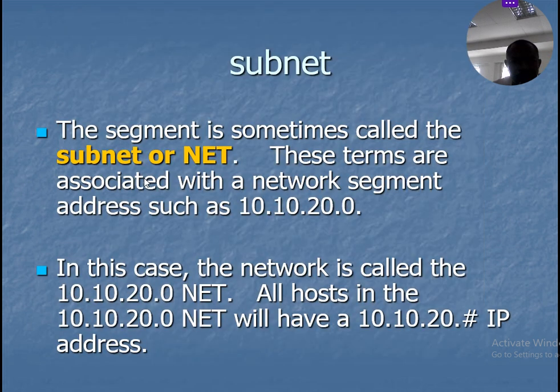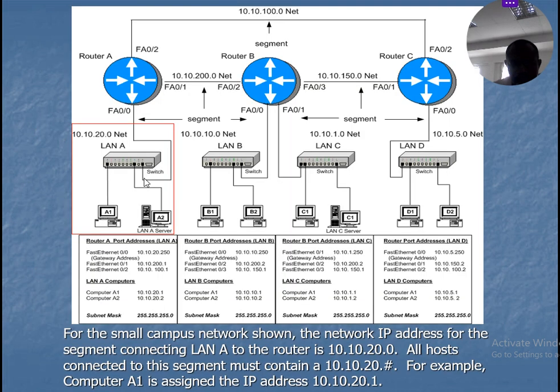So let's talk about subnet. The segment is sometimes called the subnet. We've talked about segment. Between a router and a switch is a segment. Between a router and a router, the physical link is called a segment. Between a router and a LAN, or between a router and a switch, they are called segments.